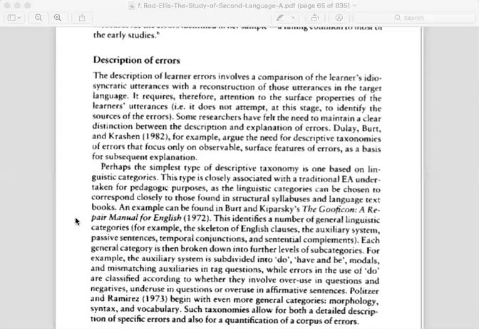Okay, and by quantification of corpus of errors, we mean that through certain softwares, you can count the errors in a particular category while you are using a specific taxonomy, right?